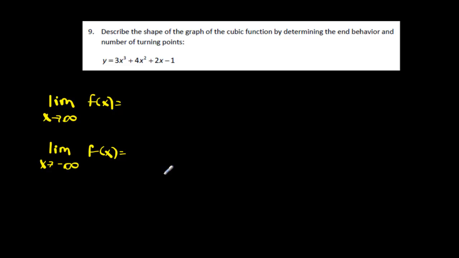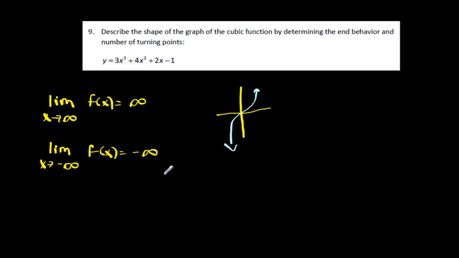As you go toward the left, it's going downhill. So this is going to be negative infinity, and this is going to be positive infinity. A cubic might look something like this. As you go to negative infinity for the x's, you go down to negative infinity for the output. If you go right to positive infinity, you go up to positive infinity. So there's your end behavior.